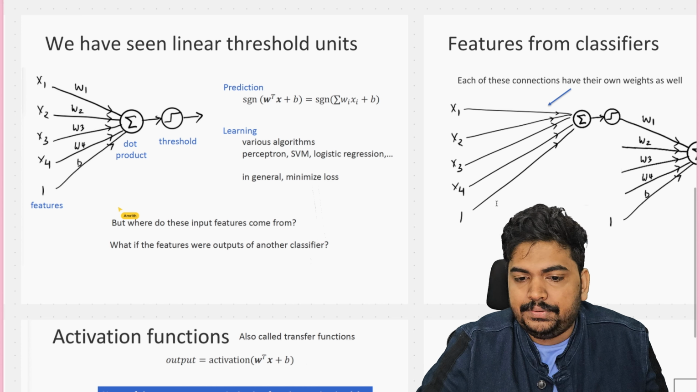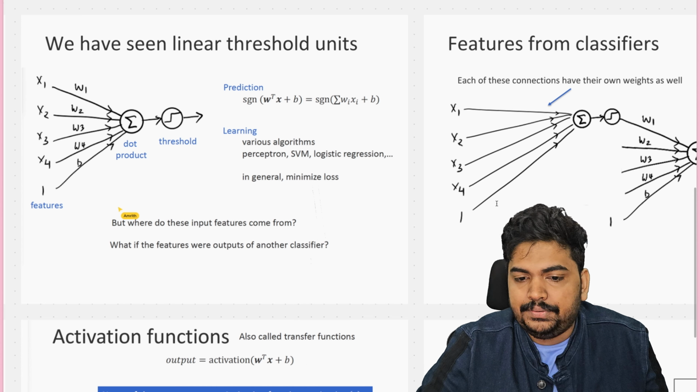We have a weight vector which has weights again of 4 dimensions. We have a bias. So we take the dot product, sum it up with the bias, and then take a threshold, which was the sign symbol. And you can see this formulation here.